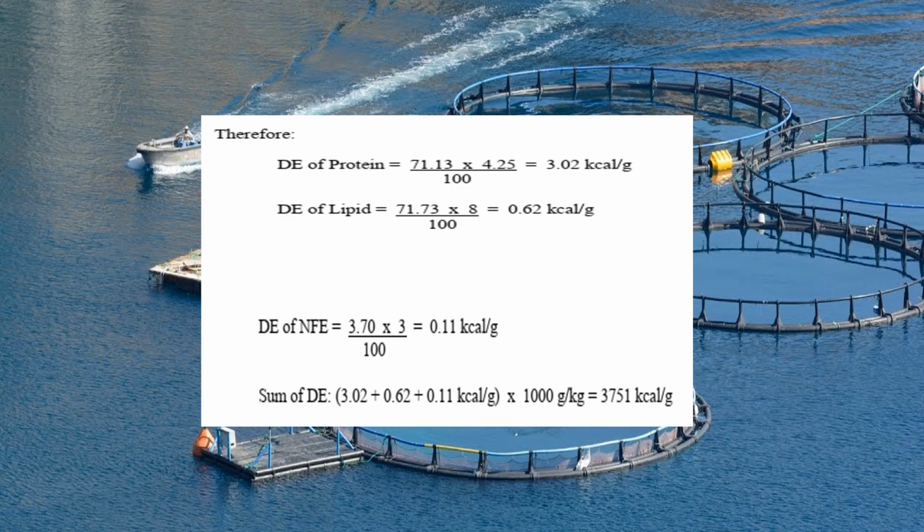So to sum up, DE is 3.02, which is the digestible energy of protein, plus 0.62, which is the digestible energy of lipid, plus 0.11, which is the digestible energy of nitrogen-free extract, times 1,000 gram per kilogram, equals 3,751 kcal per gram.